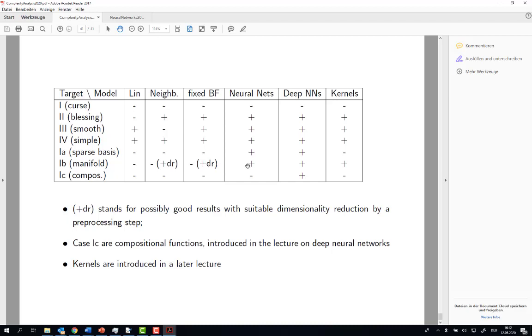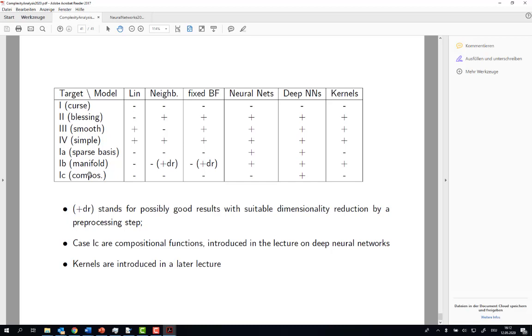Neural networks are very good at that. Deep learning is even better. And kernels, because they put the resources where the training data is, can also exploit this manifold distribution of the input data.